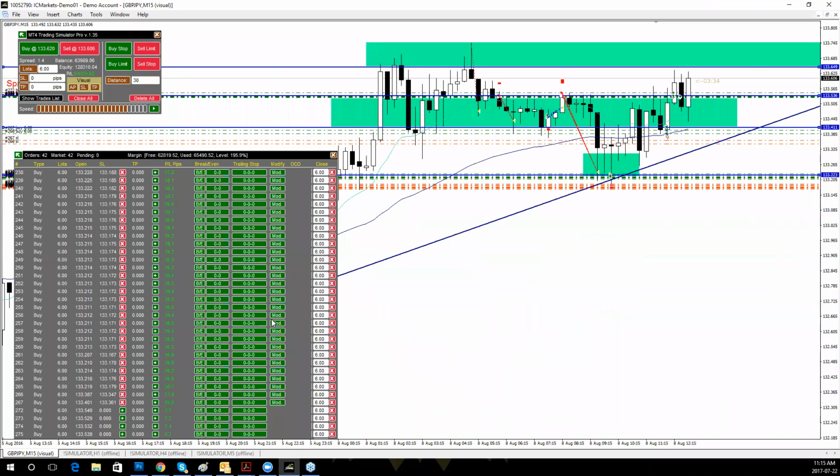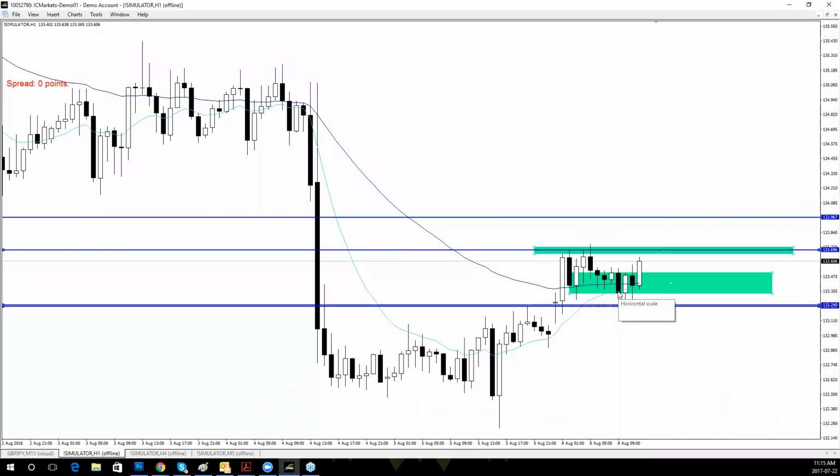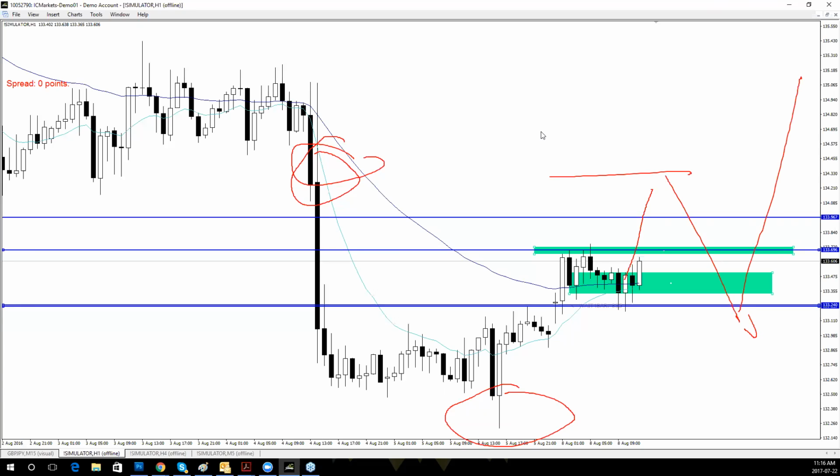If you go back to that screen, I'd be looking at this area over here. Because you had this huge wick down here and this upper wick here, I'm saying you're going to that price level, and then you'll probably go back and push further. That's what I'd be looking at from a long-term strategy.